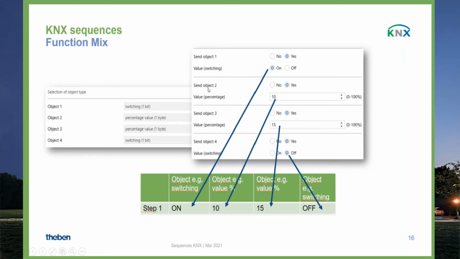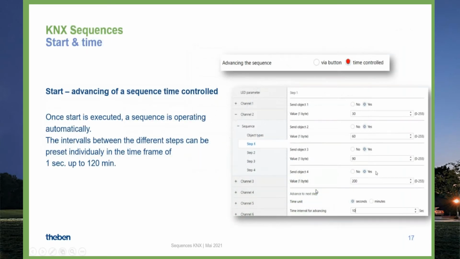We have send object 2, a percentage value which is preset in the application, giving us 10%. Object 3 is exactly this one here, giving us 15%, and the object switching finally is giving us at the end of this first step an off telegram and further on. So that's how it works finally.